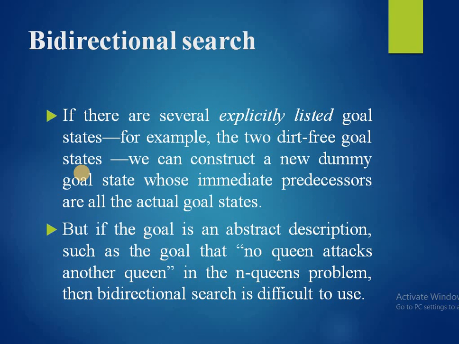If there are several explicitly listed goal states, for example the 2 dirt-free goal states, we can construct a new dummy goal state whose immediate predecessors are all the actual goal states. But if the goal is an abstract description, such as the goal that no queen attacks another queen in the n queens problem, then bidirectional search is difficult to use.